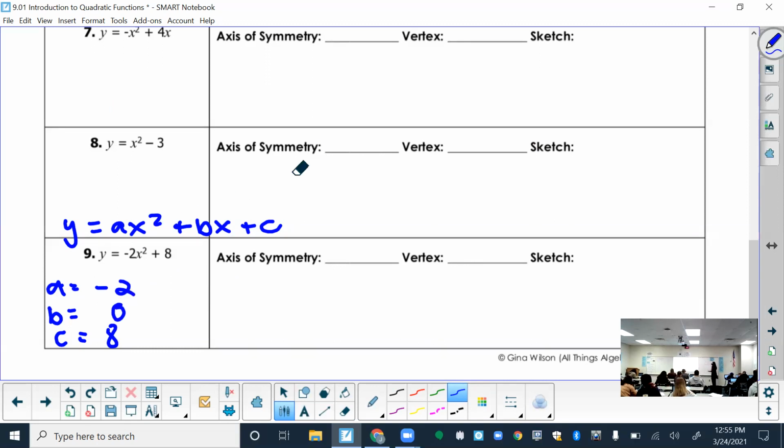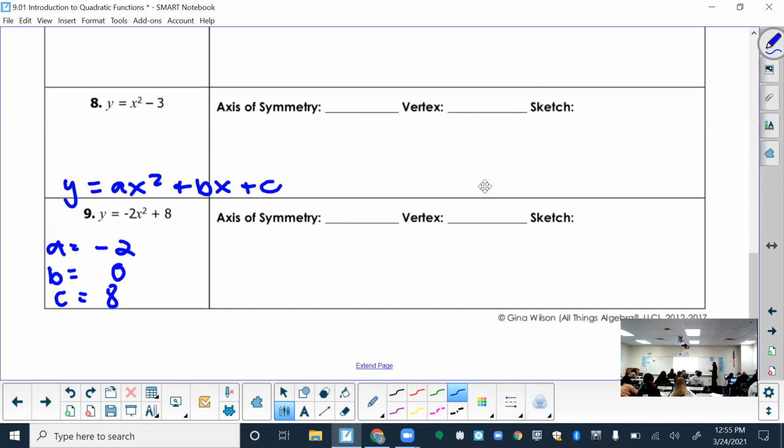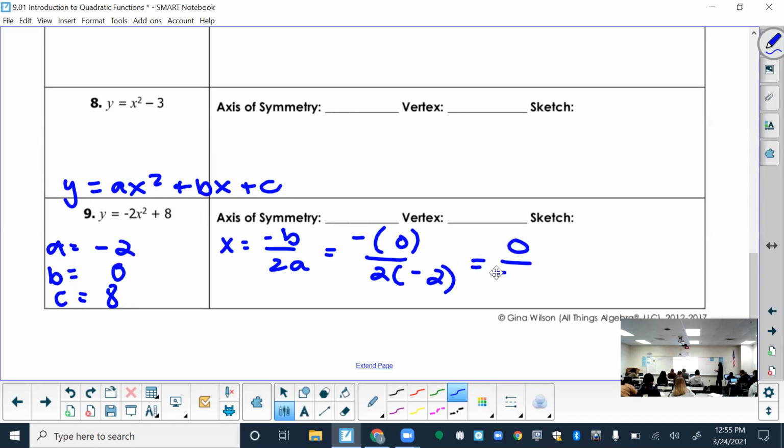All right, and that's pretty much all you do. The rest is the same. You carry on with your equation like normal for axis of symmetry. So take a second, plug in your b and your a value. All right, we get 0 divided by -4, which is 0.